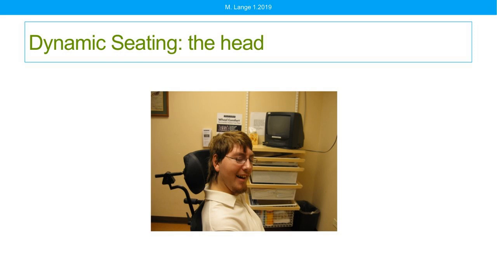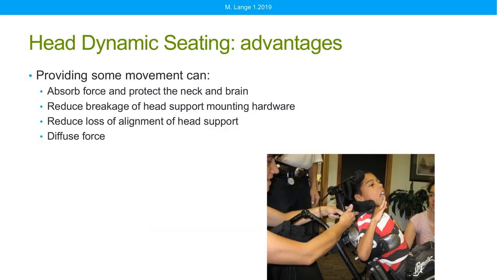If you have some questions I haven't answered yet, don't worry, we're going to try to get those at the end. So next we move on to dynamic seating at the head, which really involves neck movement. Providing movement at the neck can absorb forces there. That protects the neck and protects the brain.